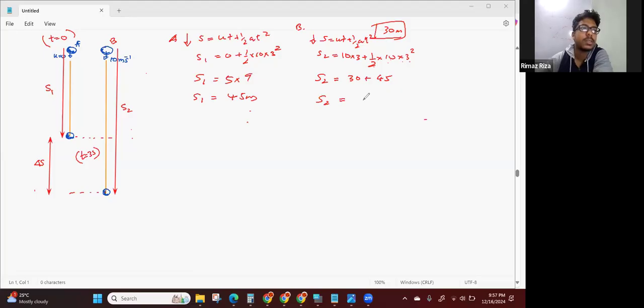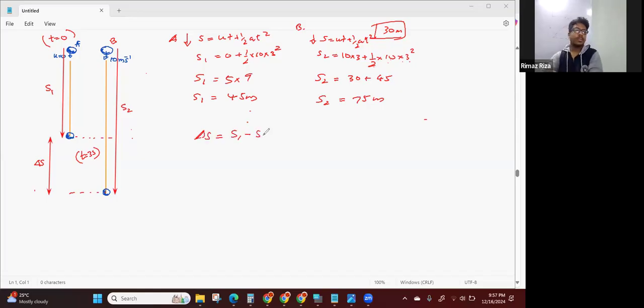So S2 equals 75 meters. We want delta S. Delta S is simply S2 minus S1, so it is 75 minus 45. The answer is 30 meters.